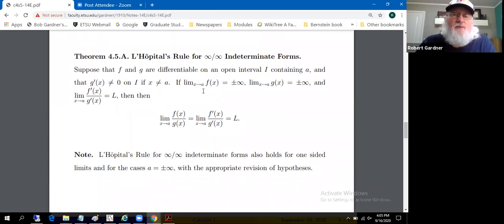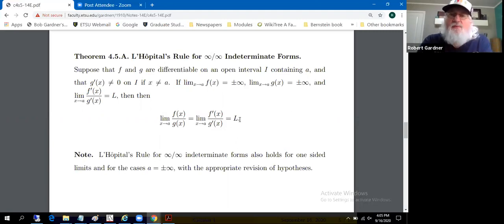And it says roughly the same thing. Let me paraphrase. If the numerator and the denominator in a quotient each have limits of infinity or negative infinity, so the numerator, f of x, has a limit that's infinite, positive or negative, the g of x function has a limit that's infinite, positive or negative, and I have some concerns about differentiability, and I still have concerns about division by 0, then the limit as x approaches a of f of x over g of x is the same as the limit as x approaches a of f prime of x over g prime of x, assuming that limit exists.